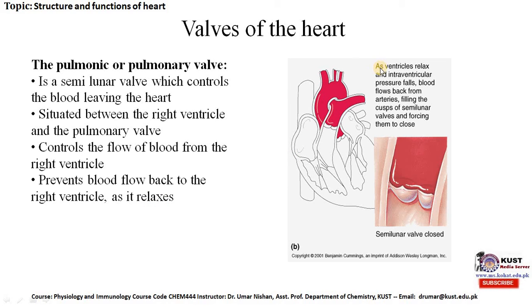So here you can see, as ventricles relax and intraventricular pressure falls, blood flows back from arteries, filling the cusps of semilunar valves and forcing them to close. This is the semilunar valve in its closed form.